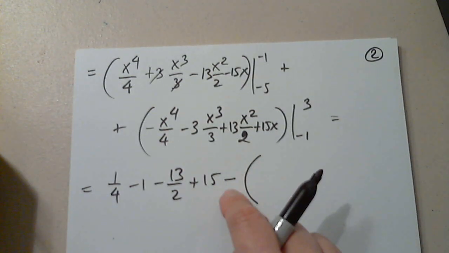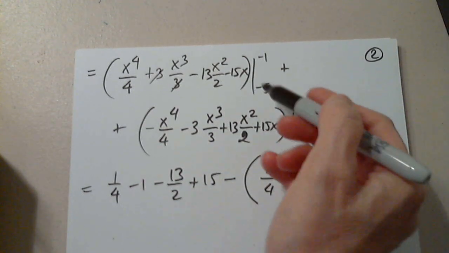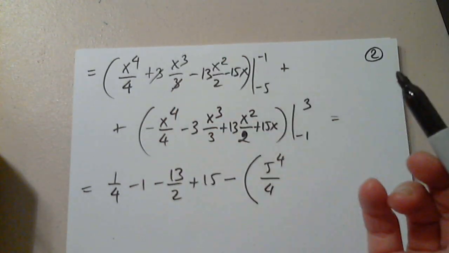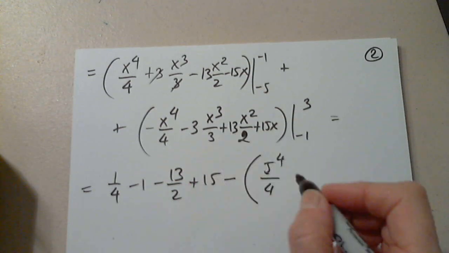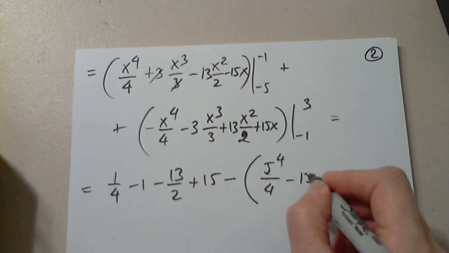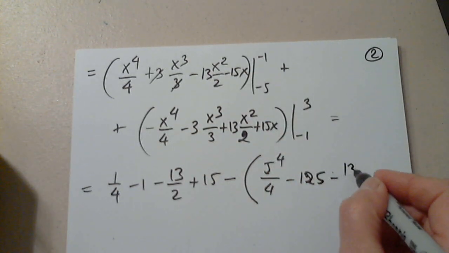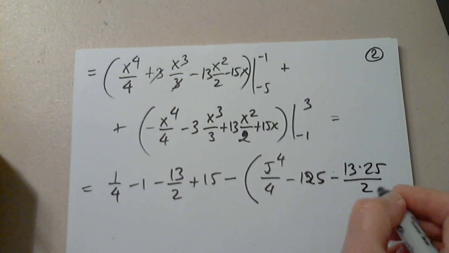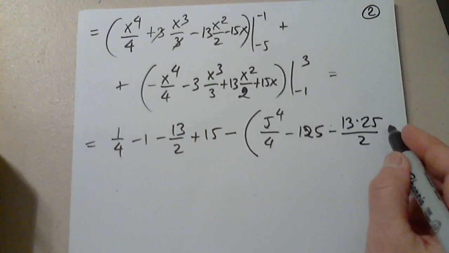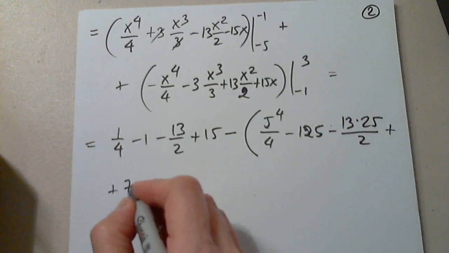Minus, don't forget to put the minus when you plug in -5. So I have 5 to the 4th over 4 because it's an even power. That sign will not change. And then minus, -5 to the 3rd is 125. Here I have minus 13 times 25 divided by 2. And then plus -5 times -15 is 75.